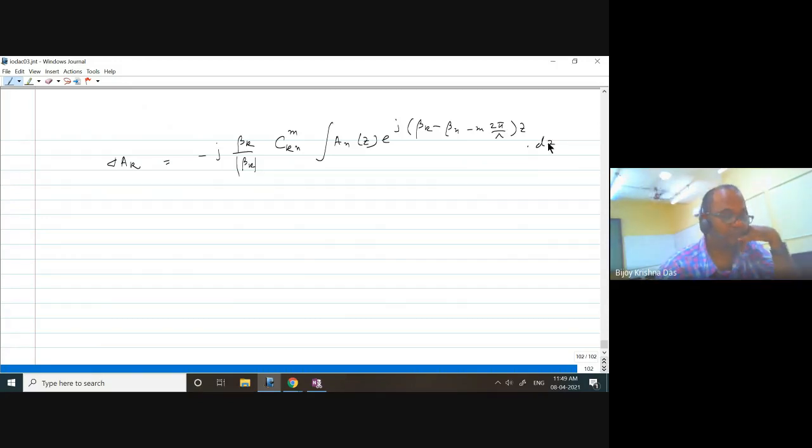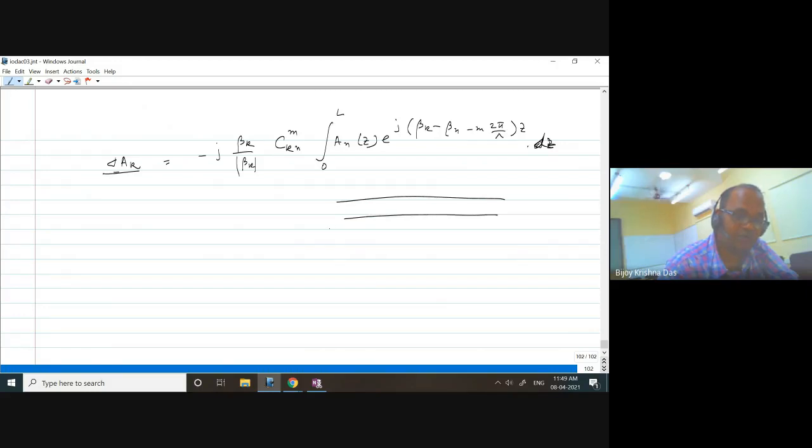Is that clear? I will be writing delta z here, and the integration because of the dz I am writing here. Okay, delta ak. So that means how much evolution will happen because of 0 to L length of propagation. Suppose you have a waveguide, you have a periodic perturbation starting from z equal to 0 to z equal to L. That L can be very small also, whatever arbitrary length you are choosing.